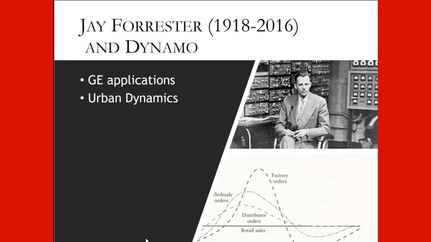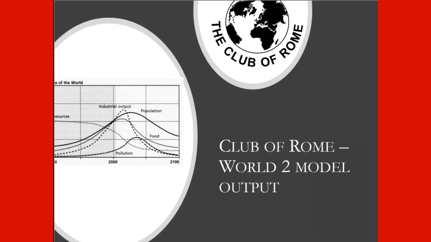The second major non-corporate application of systems dynamics came shortly after the first. In 1970, J. Forrester was invited by the Club of Rome to a meeting in Bern, Switzerland.